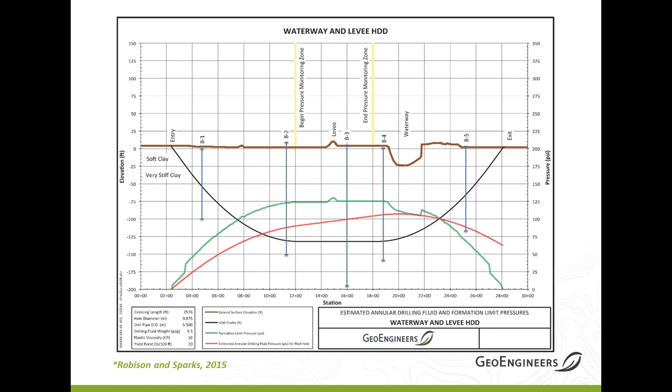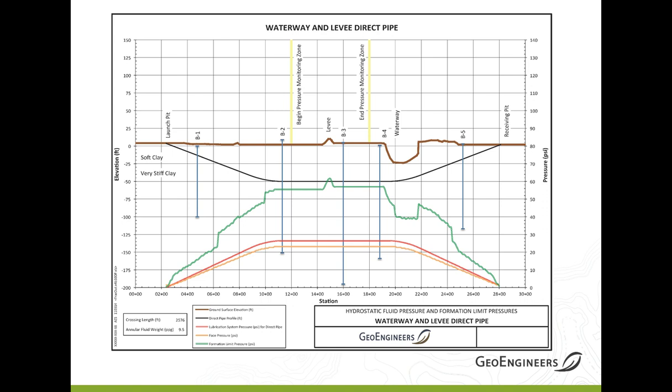And in this case, you can see that our formation limit in green is pretty close to what we calculate as the applied pressures during construction, which is the red line. And it's certainly not twice the applied pressure. So that's not going to calculate to a factor of safety of 2.